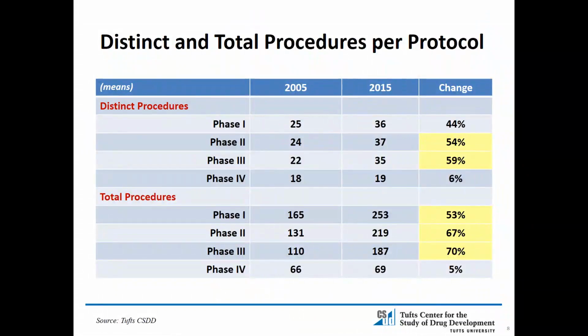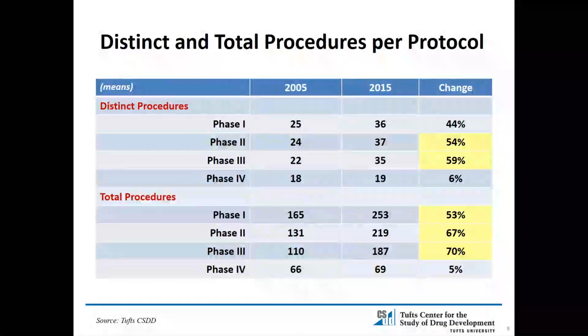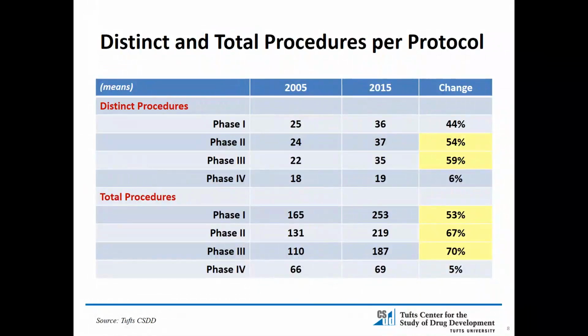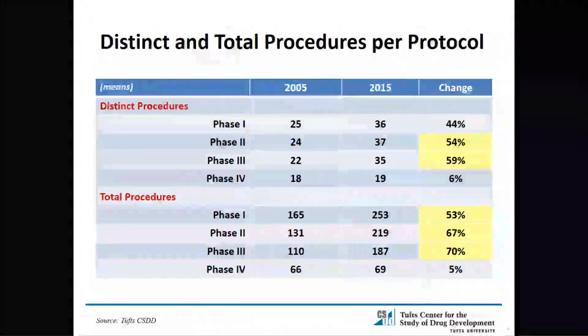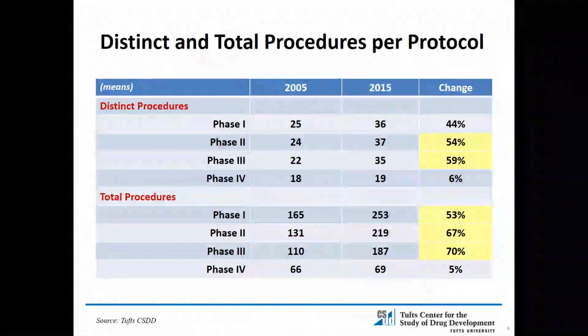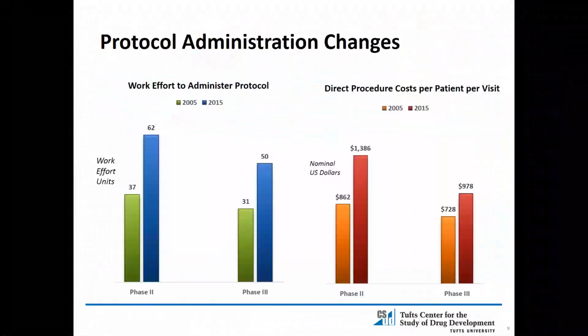That total procedure grouping really covers the total number of distinct procedures times their frequency. And you can see, for example, that phase 2 and 3 total procedures have grown at a higher rate than has the distinct procedures. And that's in part because we are conducting all of our procedures more frequently now than we did in that prior time period.